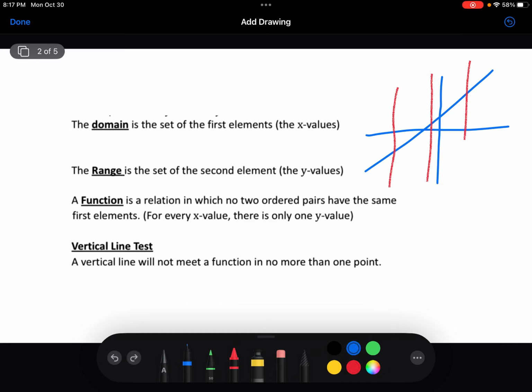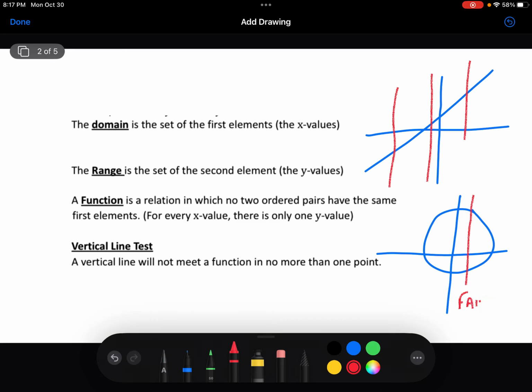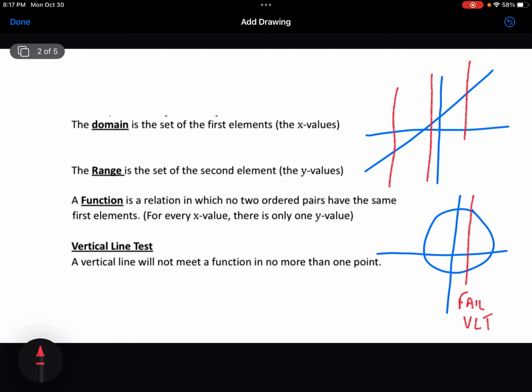Okay, but if I were to draw a graph like this, and I drew, let's say, a circle or an oval or whatever that shape is, and I drew a vertical line, well, it hits the graph there, and it also hits there. So this fails the VLT, or the vertical line test, and then that would mean that this is not a function. A function would never fail the vertical line test. It means all x values have their own unique y value.